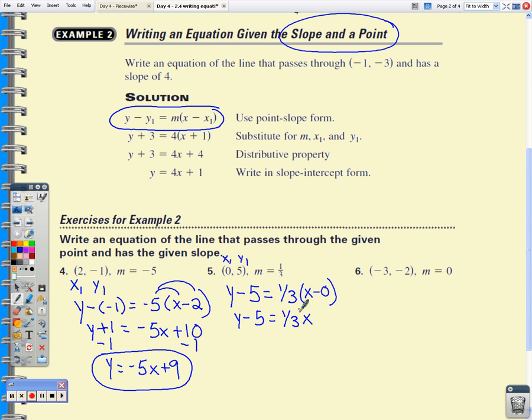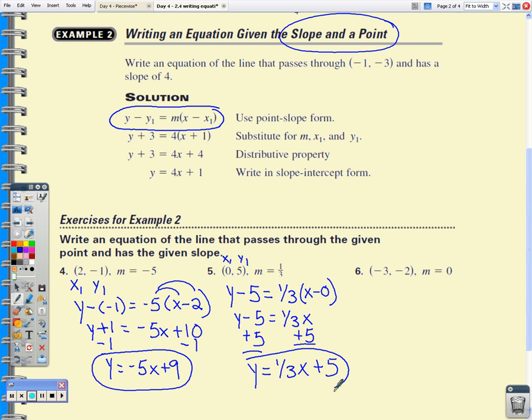When I distribute 1/3 to 0, that's just 0, so I don't need to write anything. Then I'm going to add 5 to both sides. And I get y equals 1/3 x plus 5.